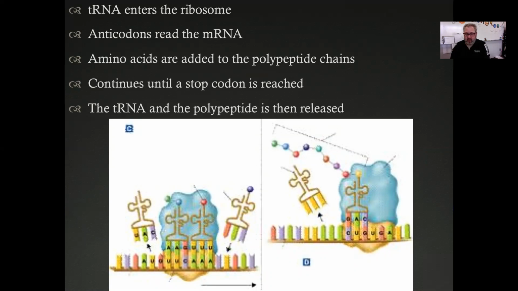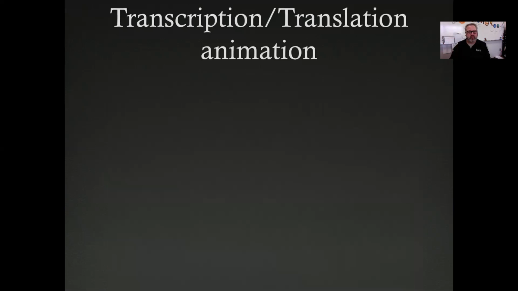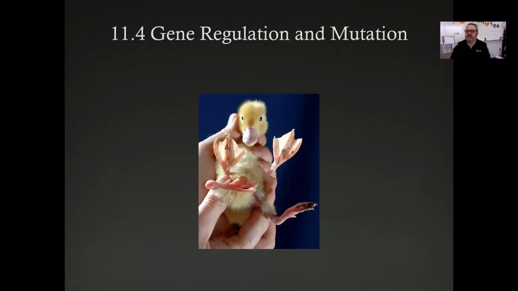When we reach a stop codon, then it tells it to stop, and then you're done. The protein has been made. Okay, so here's your long chain of polypeptides. These are all proteins, or a chain of amino acids that's going to make a protein. That protein gets released and it goes to do whatever it is that it needs to do.